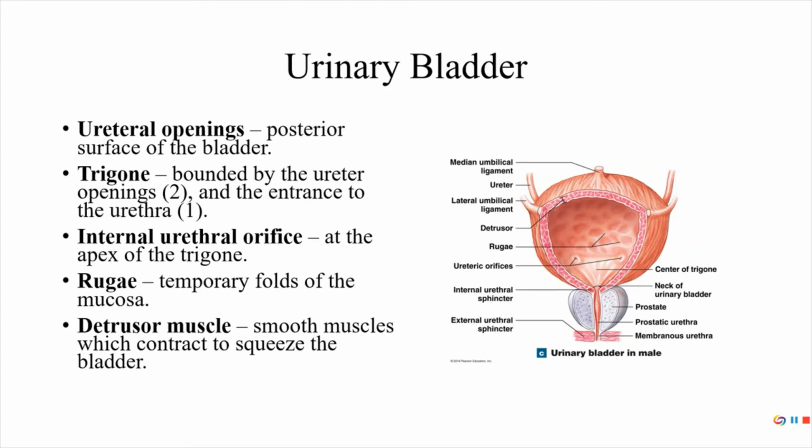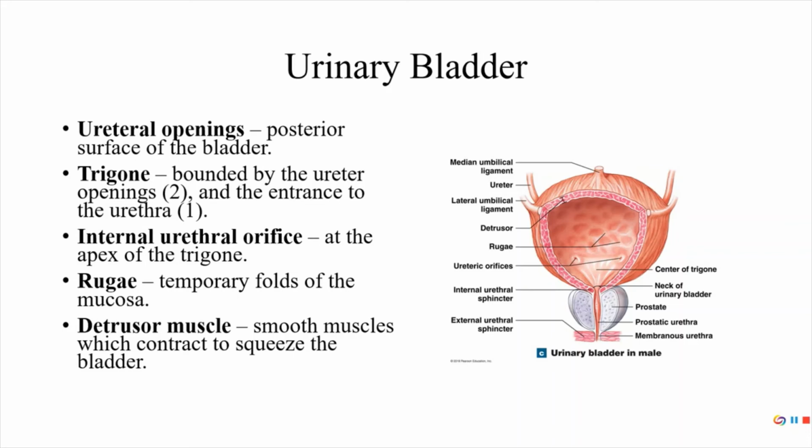They're here, and you can see them pretty well. And then at the bottom, there is an opening called the internal urethral orifice, the entrance to the urethra. That makes 1, 2, 3 holes, which makes a triangular shape called the trigone. The ureter openings and the urethral opening make the trigone.